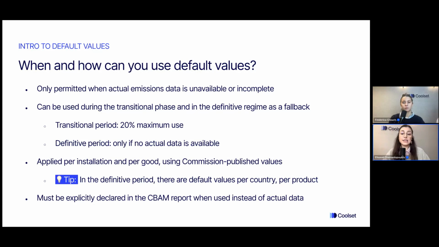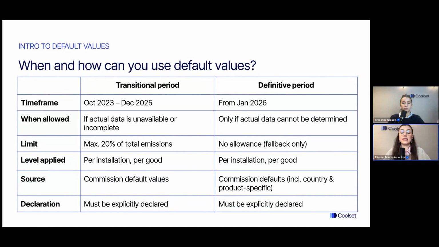And one change is that now we also have the default values per product and per country, of course. Let's move on, and we will see now here a table that summarizes the differences between the transitional and definitive phase. We see that in the transitional period, the default values were added as a flexibility with this cap, and then from 2026, this changes.